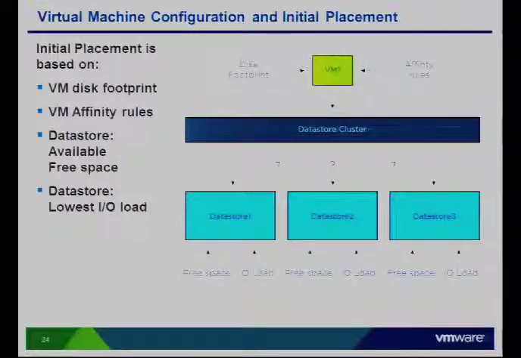Now, even if you have disabled I/O load balancing, it will look at the average I/O load of a datastore. So when Storage DRS has like 3 datastores as candidate destinations, it will take the datastore that has the lowest I/O load. So it always tries to get you the best performance for your virtual machine, right?